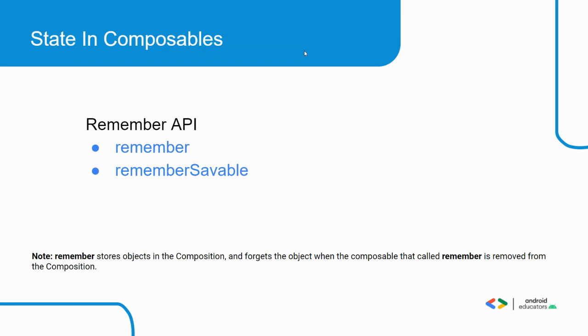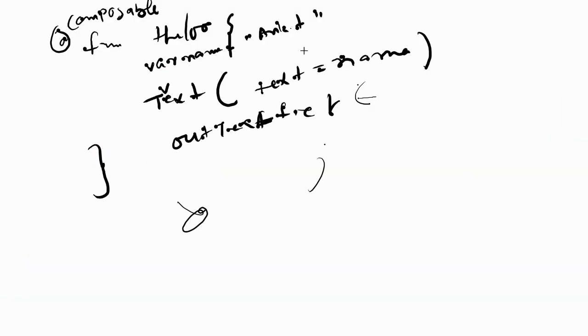So for example, if I use remember here for the variable, then when I change name in this callback, name equals Ashish, the last updated Ashish would be there. It will not re-execute or reset to Ankit. It will remember that because I've used the remember API, right?